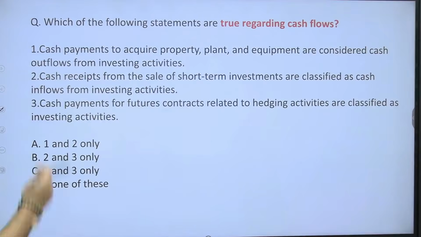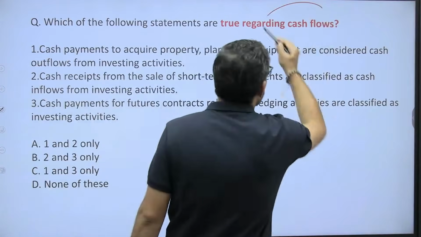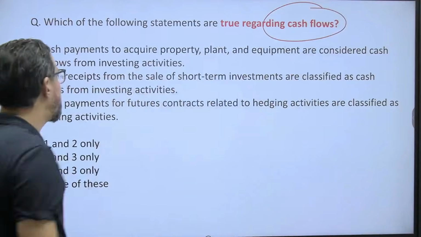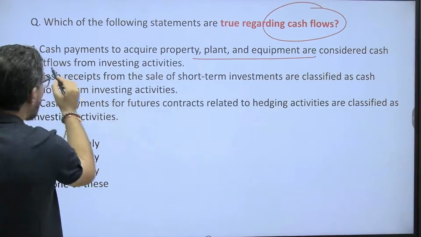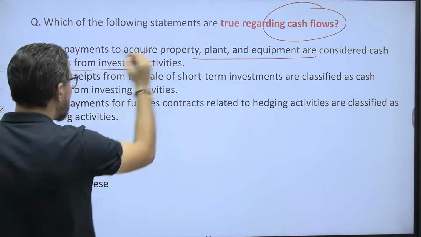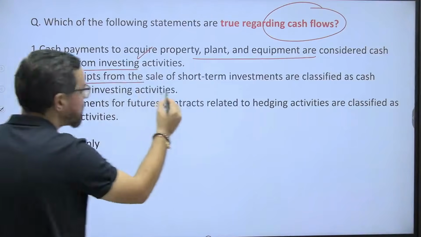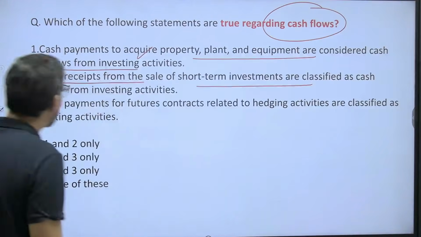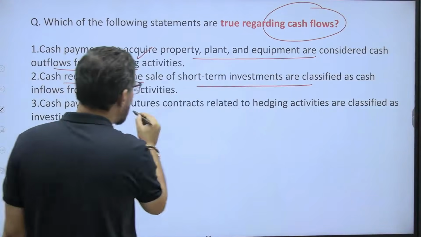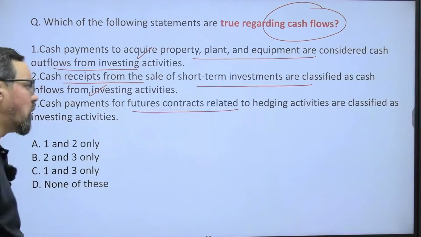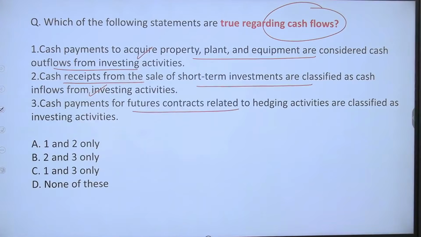Next one. Which of the following is true regarding cash flow? Cash payments to acquire property, plant, equipment are considered cash outflow from investing activities. True. Cash received from sale of short-term investment is classified as inflow from investing activities. Cash payment for future contracts related to hedging activities are classified as investing activities.